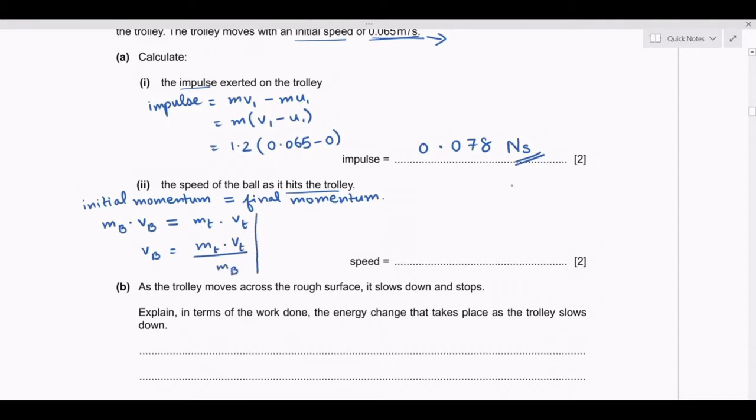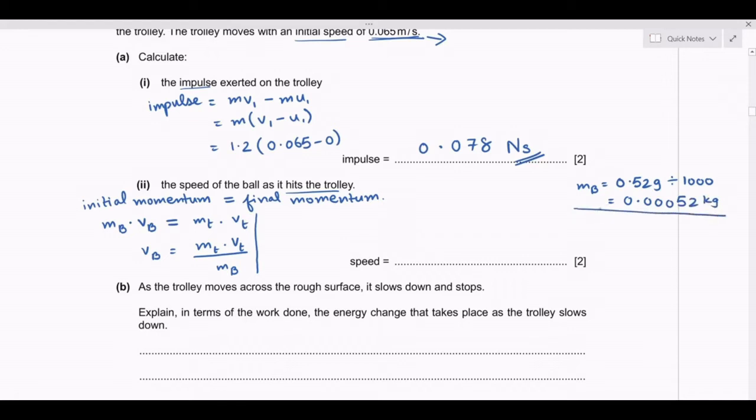First we need to find out the exact values that we're going to put in this formula. Mass of ball, we know that it is given as 0.52 gram, but we need this in kilogram. So we'll divide this by 1000 and we will get 0.00052 kilogram. That is our MB, mass of ball.